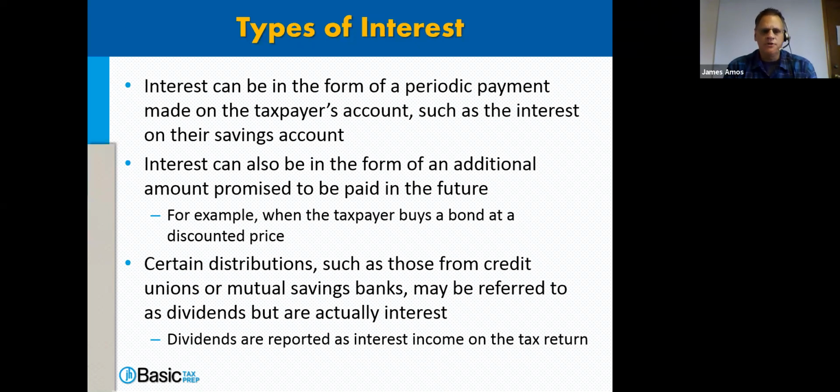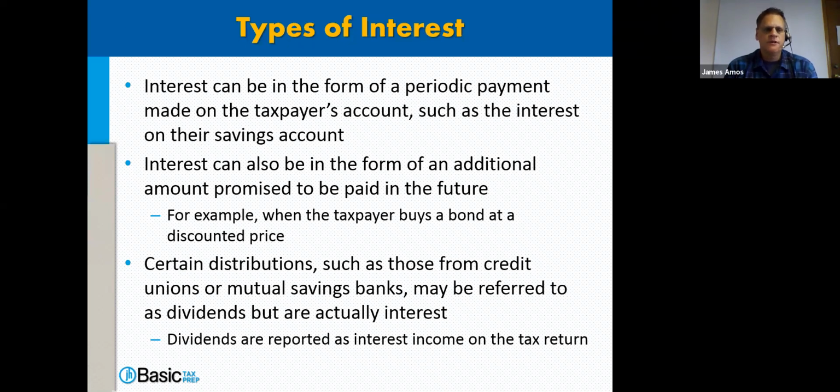And certain distributions, such as those from credit unions or mutual savings banks. If you ever go to a credit union, they call them dividend payments, but they're not really true dividends. I've never understood why they use the word dividend, because they're not a dividend by any real definition. We haven't talked about dividends yet, but we will in a few minutes.